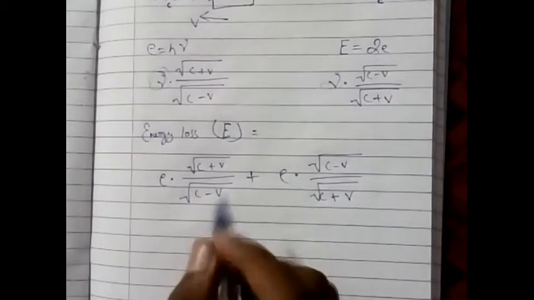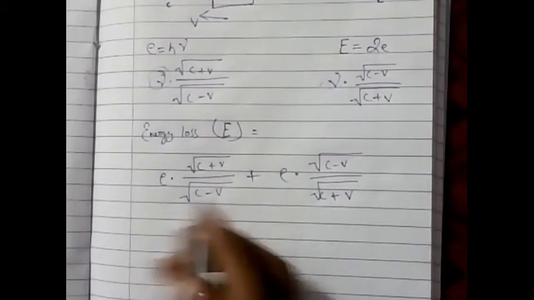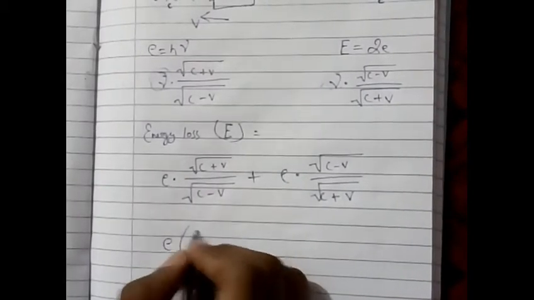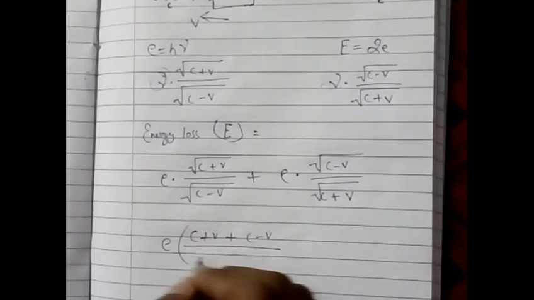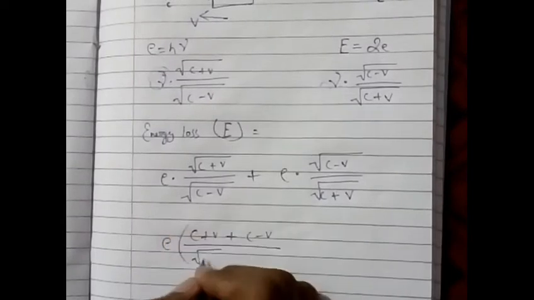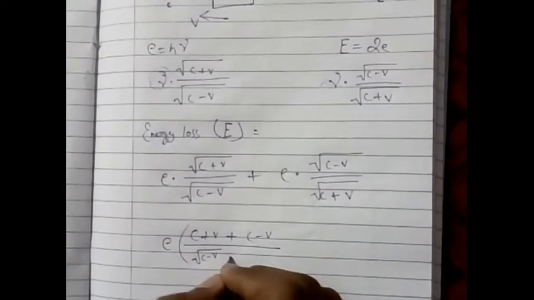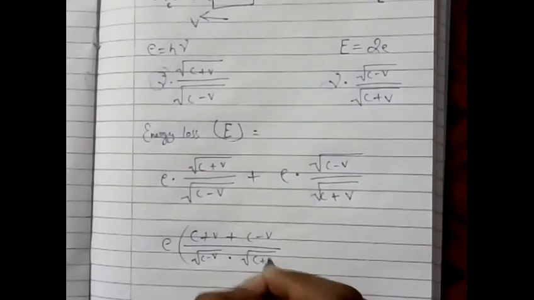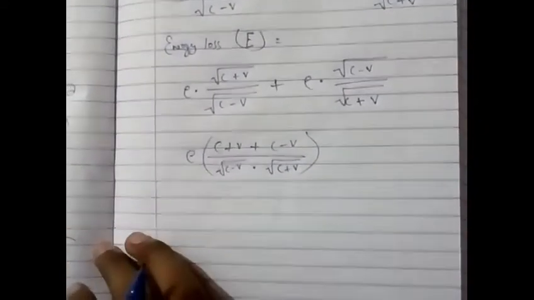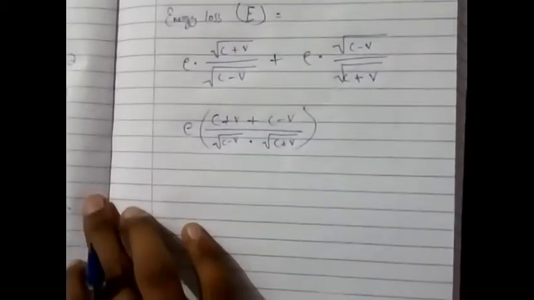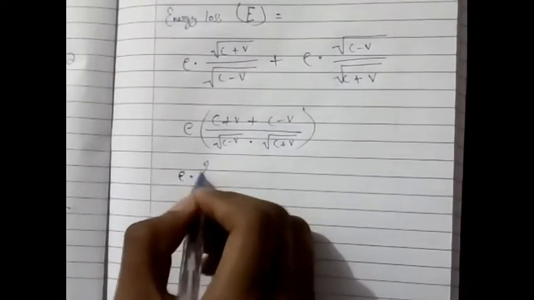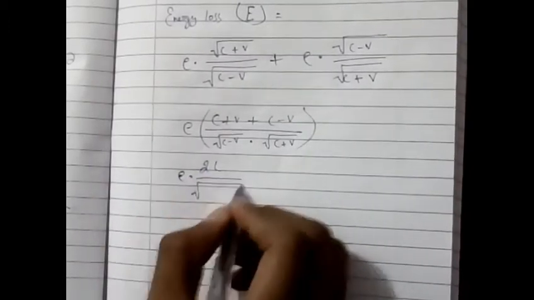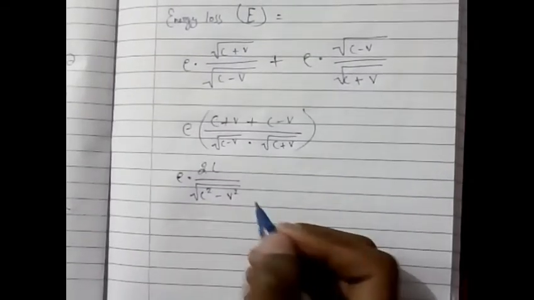Moving further, we can just take E as common. E multiplies C plus V plus C minus V over under root C minus V times under root C plus V. This is the energy loss, and simplifying this equation a bit more, we will have E times 2C over under root C square minus V square.